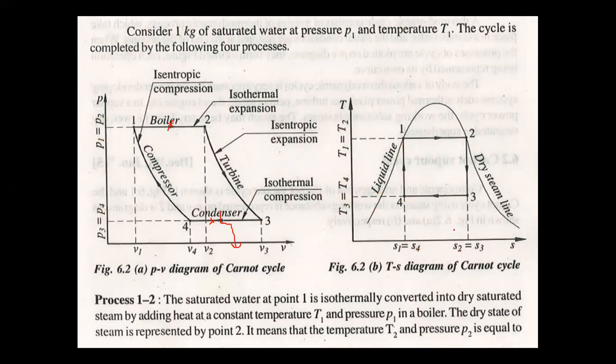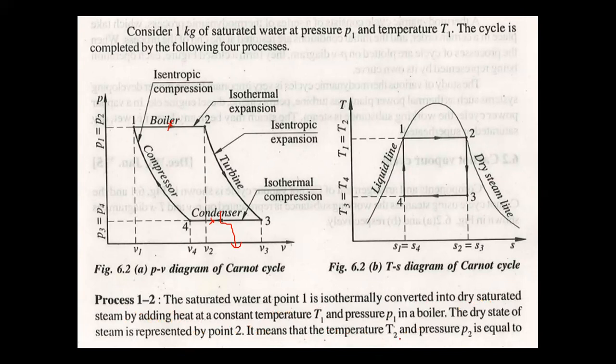We use these equations very much in the numericals part. So this is the literature part where the saturated water at point 1 is isothermally converted into dry saturated steam by adding heat at constant temperature T1 and pressure P1 in the boiler, and the dry state of steam is represented by point 2.